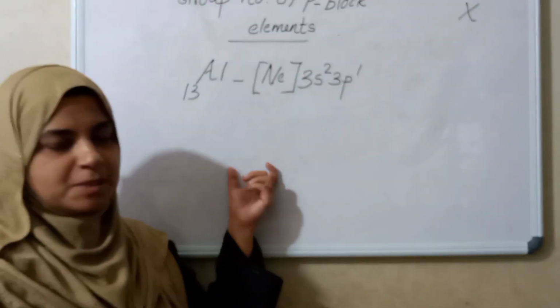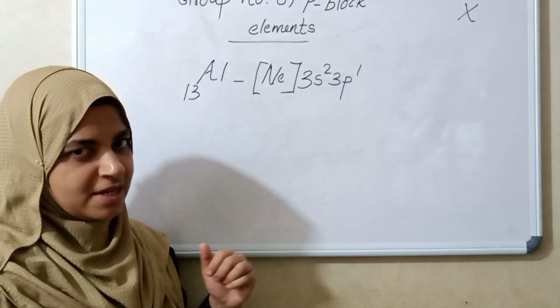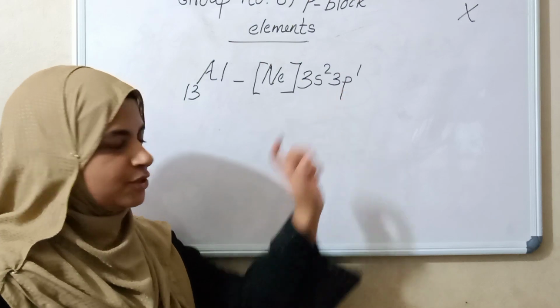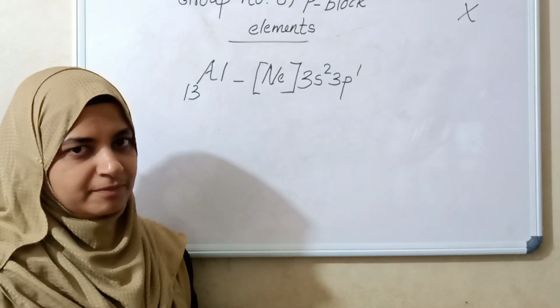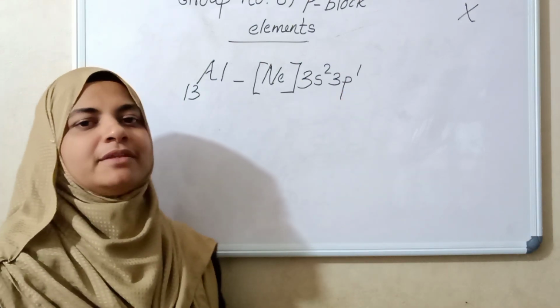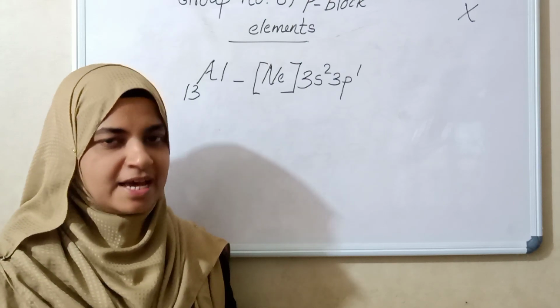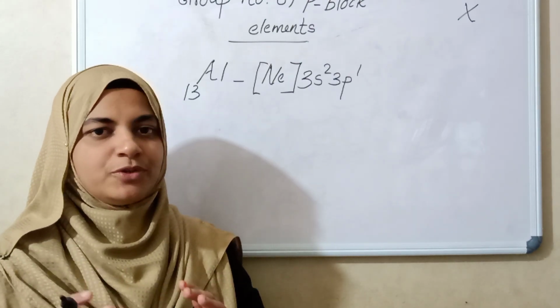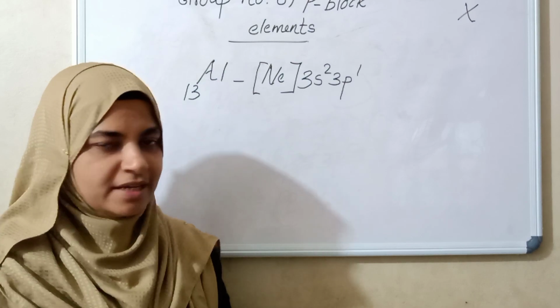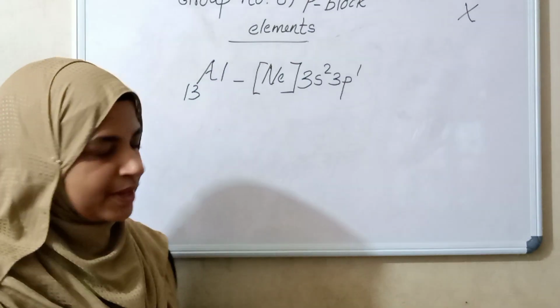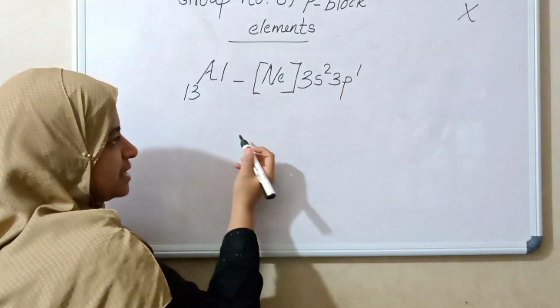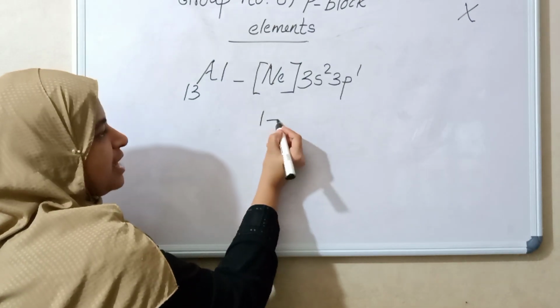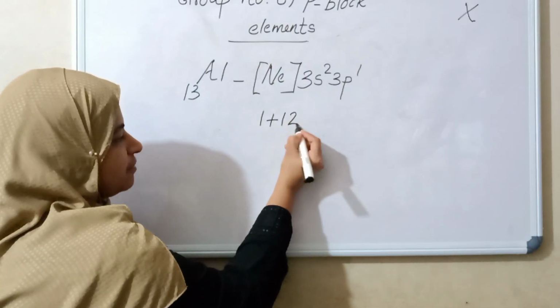Here aluminium is a P block element because the last electron is added to the P subshell. The method to determine the group number of P block elements is just to add 12 to the number of electrons in the P subshell. We know the number of electrons in the P subshell is only 1. Then add 12.